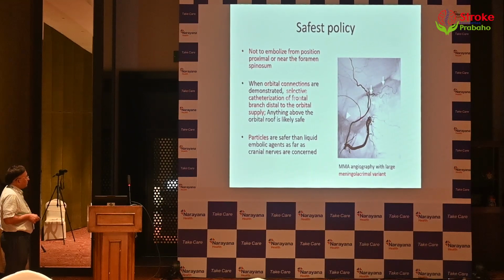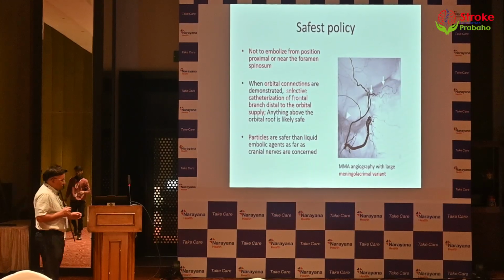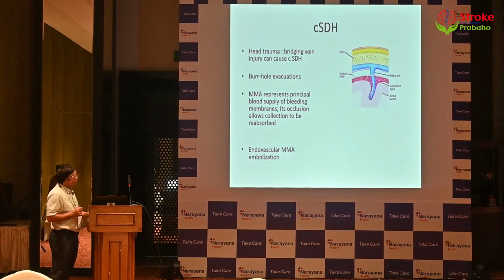So we can sometimes compromise the artery up to here, but we should not go around the foramen spinosum or below that. And second thing, we must remember there should not be a meningo-lacrimal variant. Like in this case, this is supplying the ophthalmic area. And usually particles are safer than liquid embolic agent as far as cranial nerves are concerned.